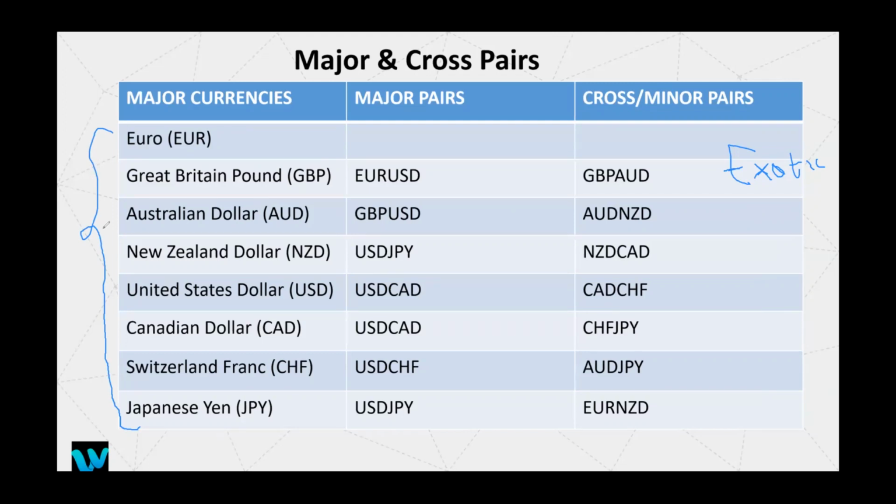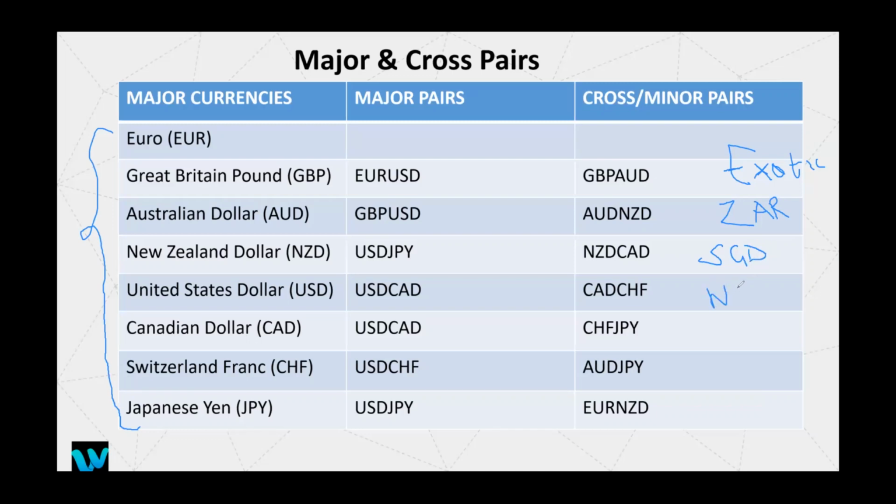Those currencies that are not here are not as voluminous, not as engaging as these ones. They are called exotic. Like your Nigerian naira is an exotic currency. The South African rand, the ZAR, is an exotic currency. The Singaporean dollar is an exotic currency.